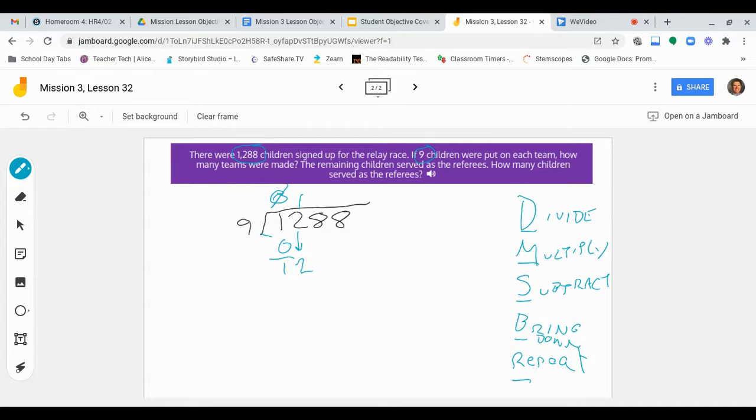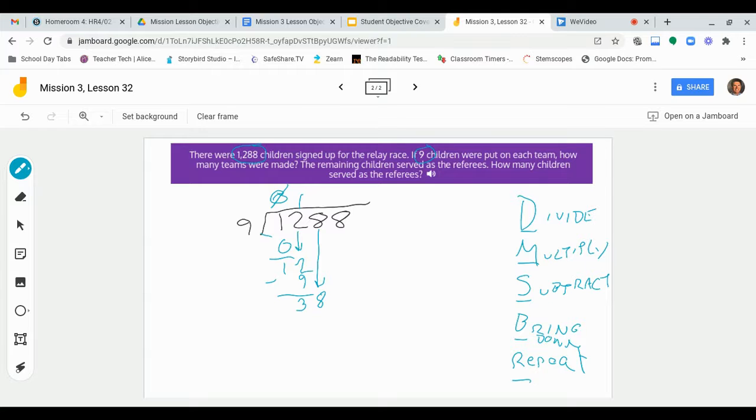Then I multiply. 1 times 9 is 9. I subtract. 12 minus 9 is 3. And then I bring down the next number, which is the 8. And so now I have 38, and I'm going to repeat the process over again.